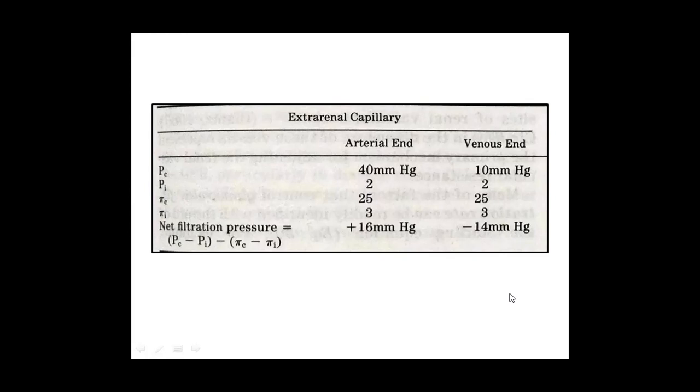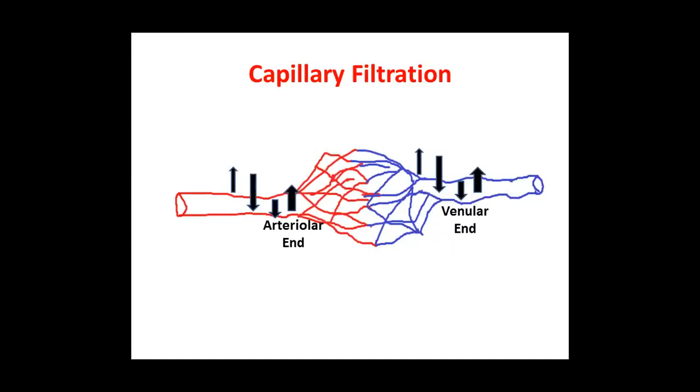I have discussed all these things during our cardiovascular days. Now, what does it imply? It implies that there is a net fluid shift from the arteriolar end of the capillary, from the vascular space to the extravascular space, from inside the vessel to the tissue space, and there is a net shift of fluid from the tissue space to the intravascular space at the venular end.